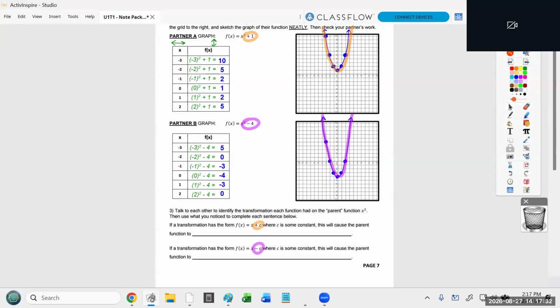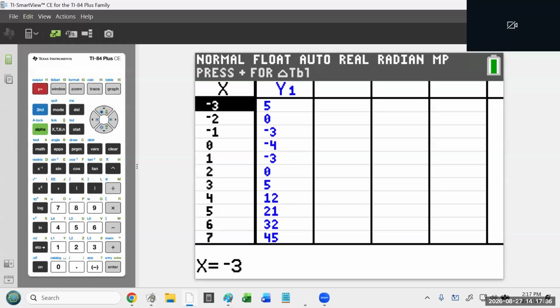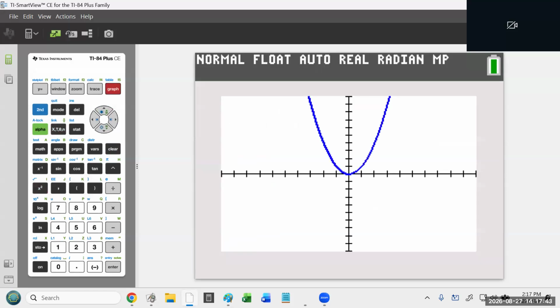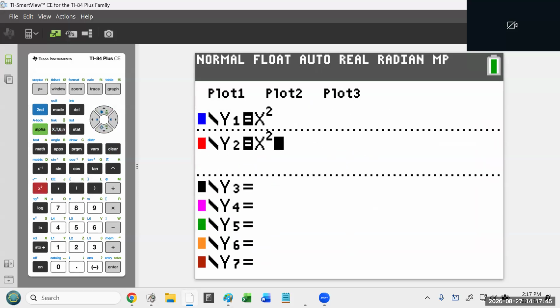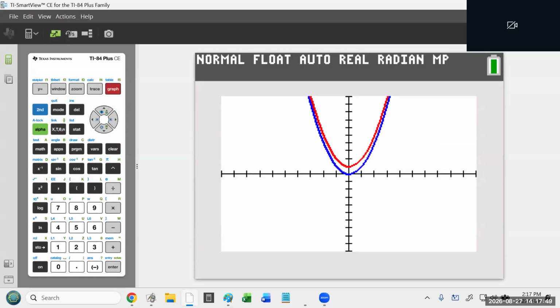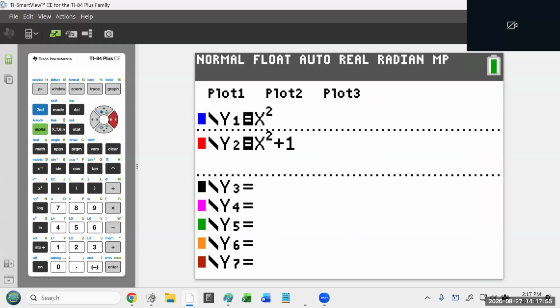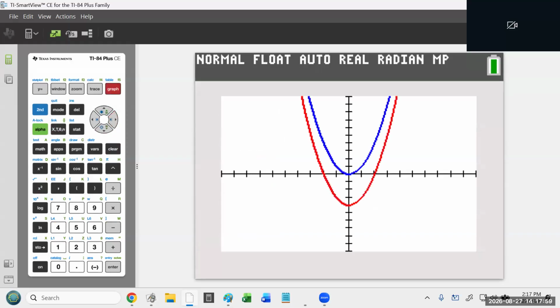Okay, and let me just show you what I'm talking about. For one of these, we added 1. If we were not adding 1, and we just did x squared, this is what the graph would look like. But when we add 1 to it, the red is what the graph looks like. The blue got bumped up 1. And if we were to subtract 4 from it, well, then it gets bumped down 4.